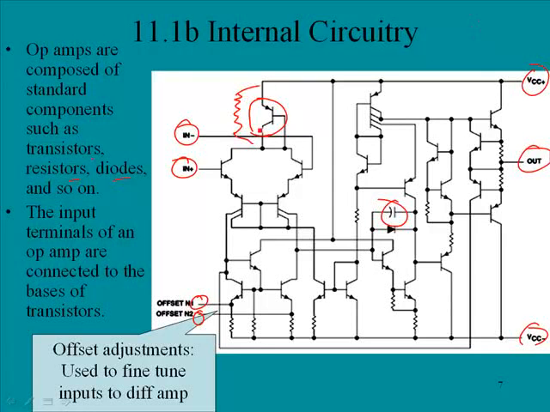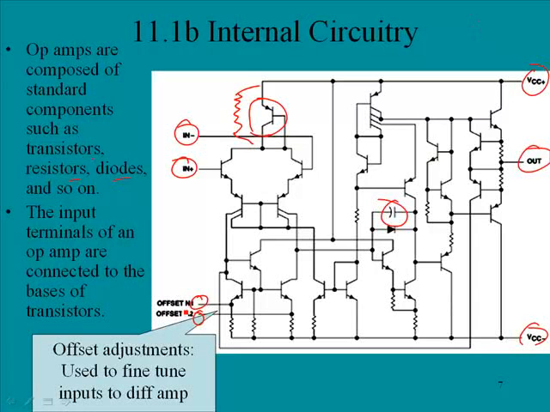This is actually the current regulator that feeds the current into the differential amplifier. And the reason they do that is they found that they can make transistors much smaller than a resistor. And so in many cases the transistors that you'll see in this circuit are actually acting as resistors.